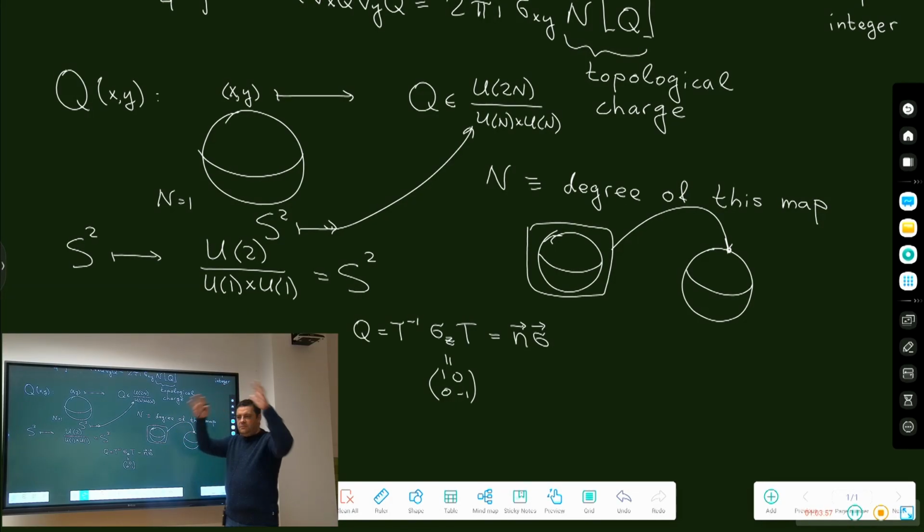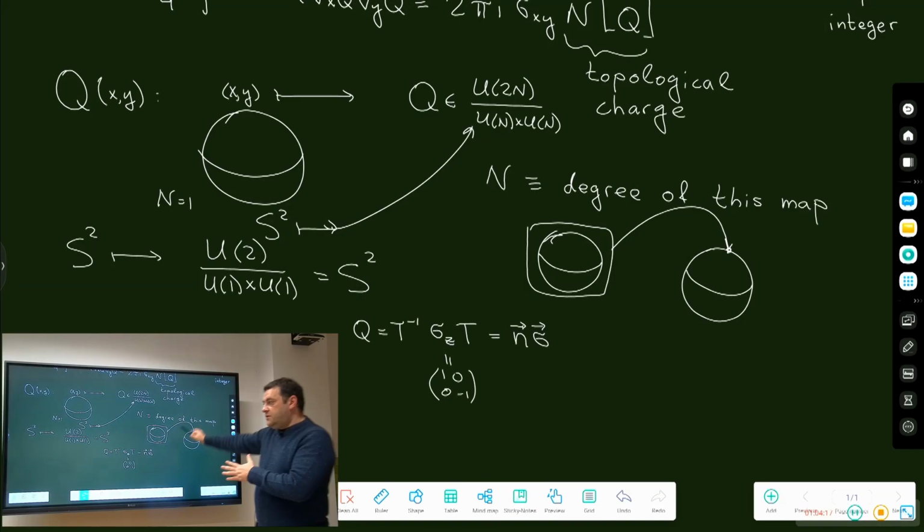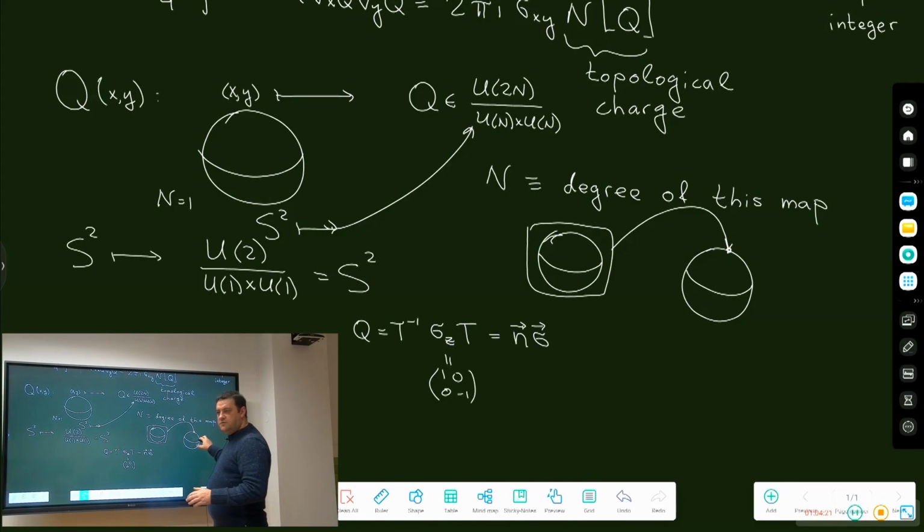You do the same with the southern hemisphere. You map it on the whole thing, and then at the south pole, this equator is matched from the two things. This is a map of degree 2. And actually, you can have a map with any integer degree like this. There is another example, not this one, much easier. Imagine we map not a sphere to a sphere, imagine we map a circle onto a circle.